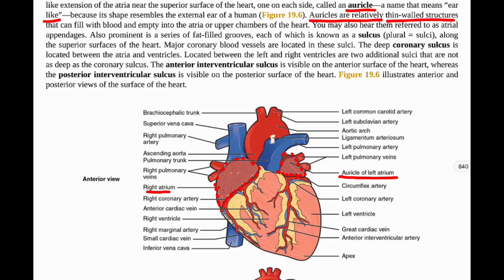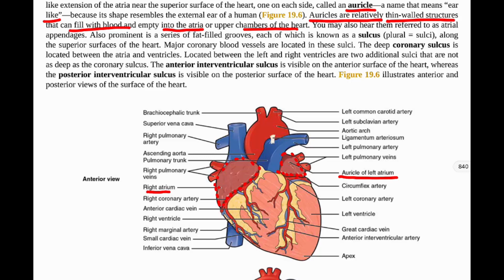Remember, the atria are the upper chambers of the heart, and there are these flaps. They're like little pockets, fat-covered pockets that not only protect our atria, but can also fill with blood and then drain into the atria. You may have heard of them being referred to as atrial appendages.